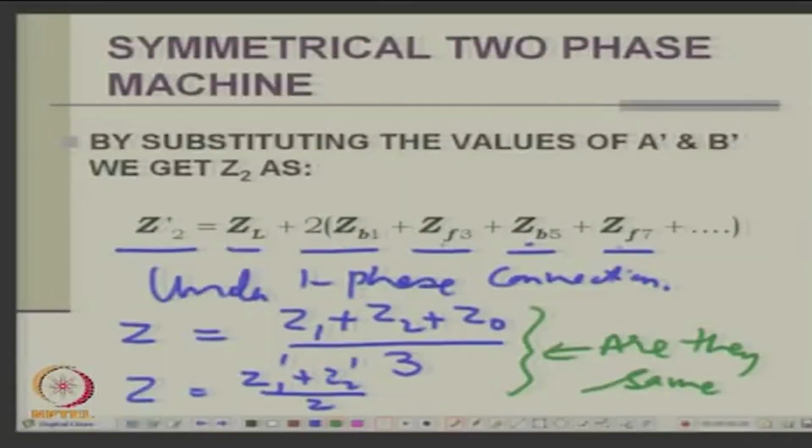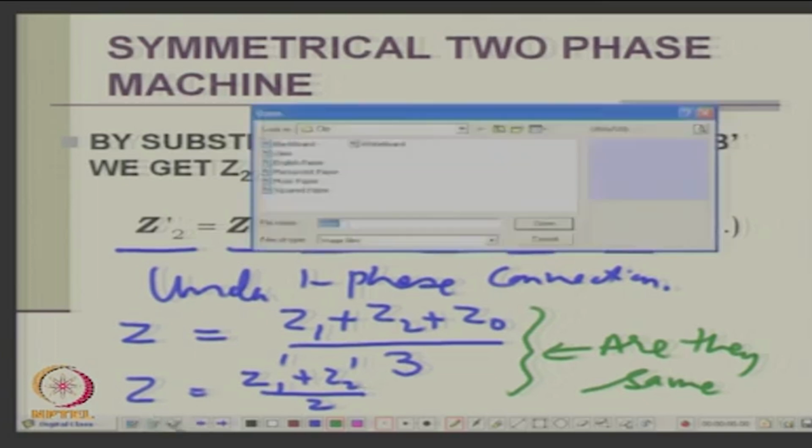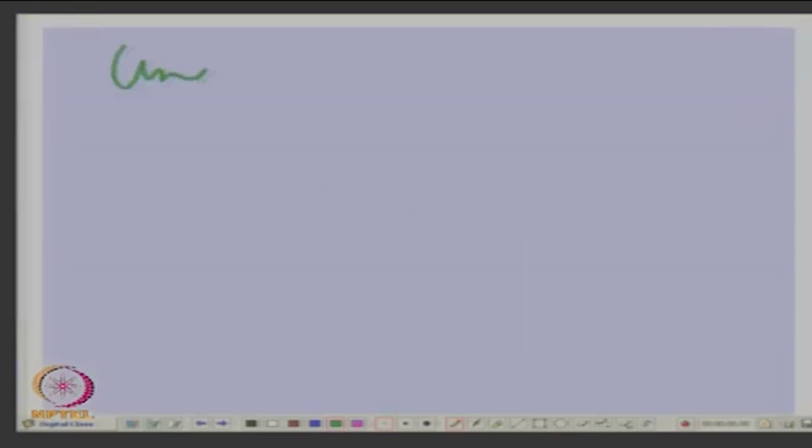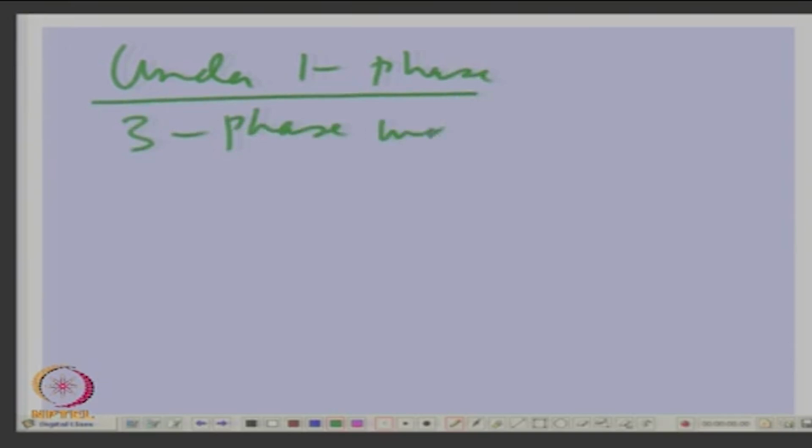So, it is obvious that if you sum these up, all the fields have to be present. If it is single phase, all fields will be present. So, what will it be under single phase in a 3-phase model? What will be Z? It will be ZL. What do you get?